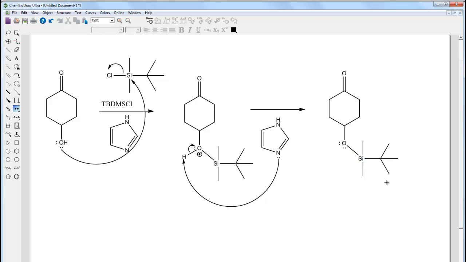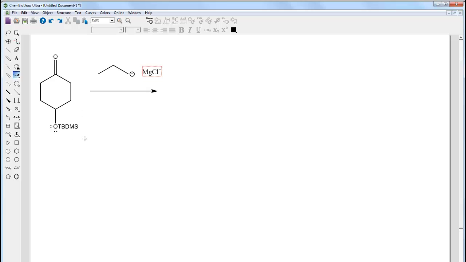So you can write this out with the full structure like this. You can also abbreviate it as OTBDMS, t-butyl dimethyl silyl. And what that says is that that's the t-butyl dimethyl silyl ether from our original alcohol. Now, once this alcohol is protected, I can react this with my Grignard reagent.